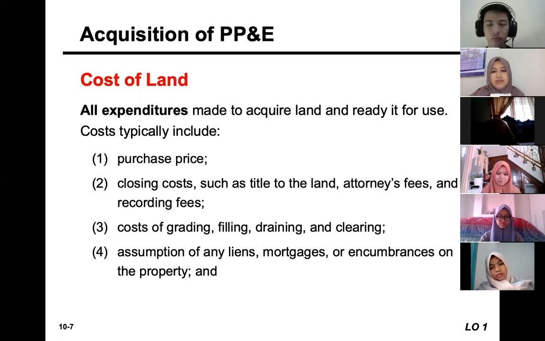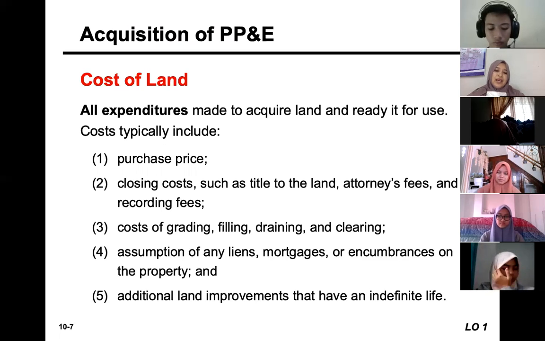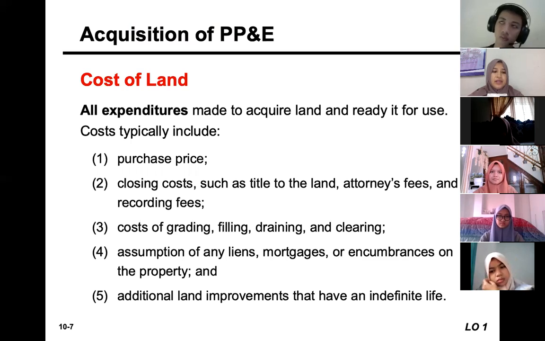And then any assumptions of mortgage, encumbrances of the property, means if the land has been used as a mortgage previously, maybe the company needs to settle that mortgage issue. So that one also will be part of the cost of the land. Additional land improvements that have an indefinite life.